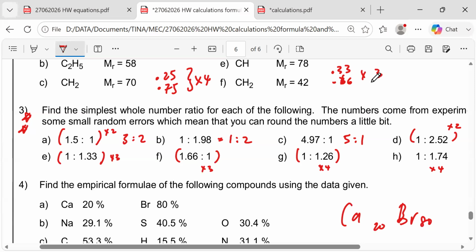Try and see, then you get different answers. This one you will get a 3 to 4 ratio. If you simply round, you will get a 1-to-1 ratio, which will be a wrong answer.